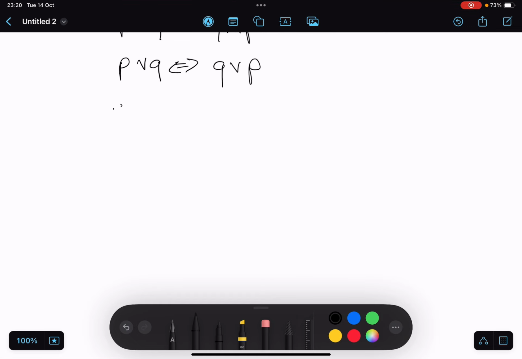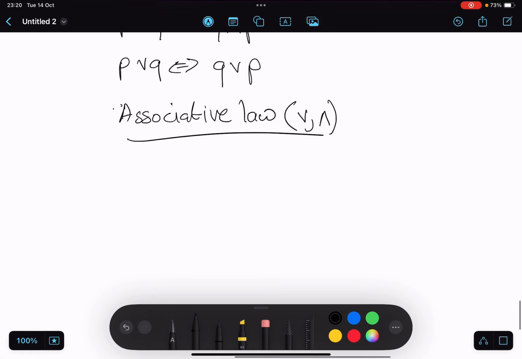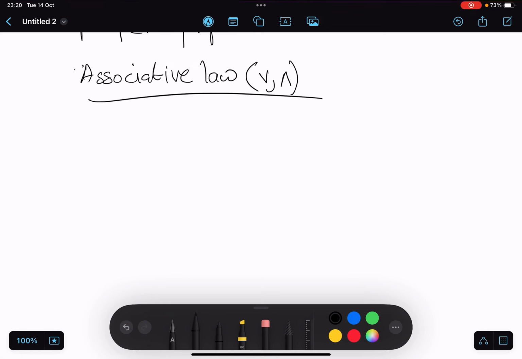And we also have the associative law. We are still looking at the conjunction and the disjunction operators.